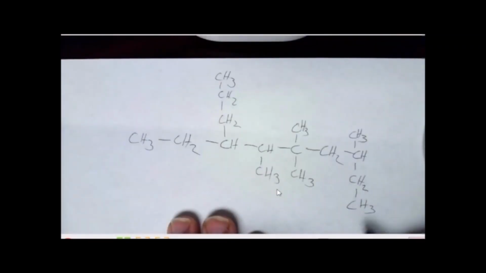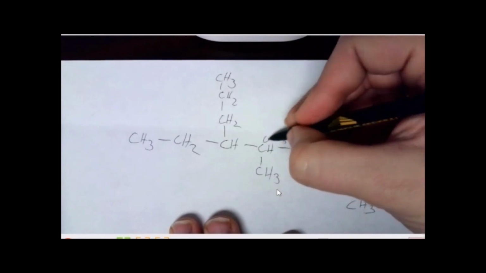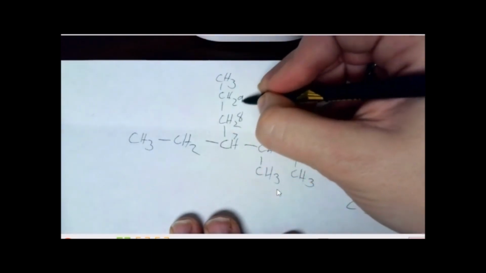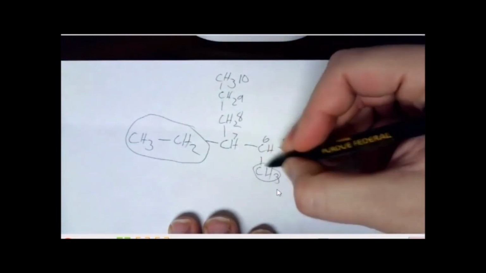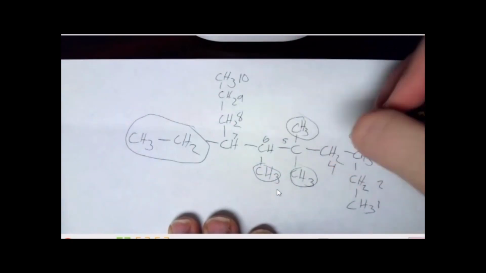Longest chain is going to be probably 1, 2, 3, 4, 5, 6, 7, 8, 9, 10. What do we have coming off? We have an ethyl. We have 4 methyls. So looking at this, if I count it the other way, I think everything's going to be at a higher number.